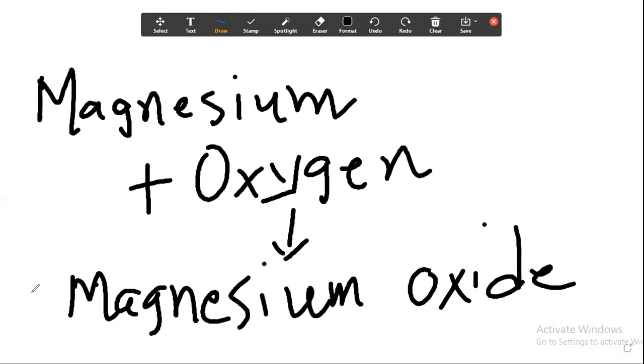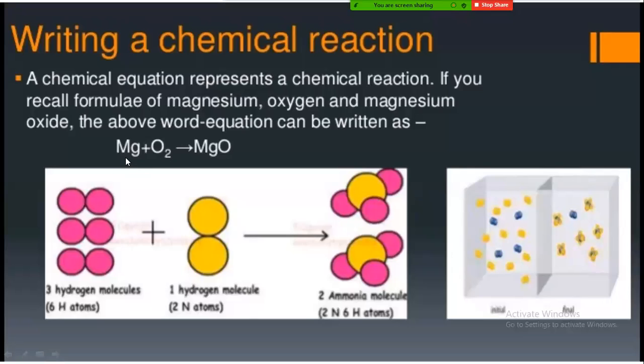We don't know that. But if we use the chemical formulas, if we use the symbols, right, then the same equation becomes very easy, which is this one: Mg plus O2 becomes MgO, magnesium oxide.